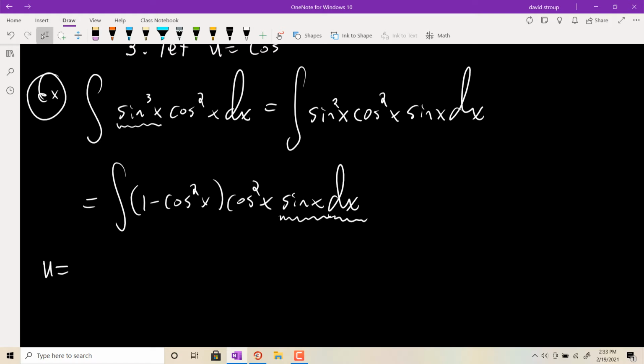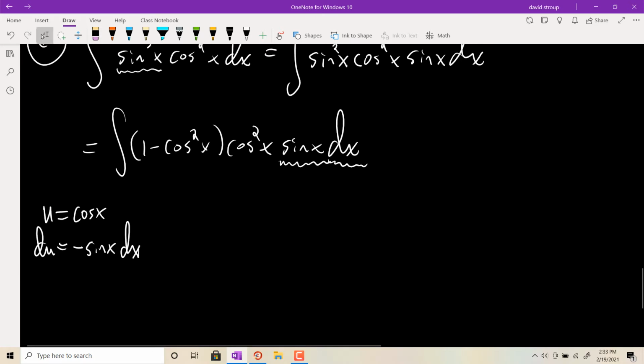So watch, if I let u equal cosine x, du, the differential, will be negative sine x dx. So it's almost that, there's just a negative to worry about. It'll make everything negative, basically. But if you want to do it like a computer, you can solve for dx and have du over negative sine x.